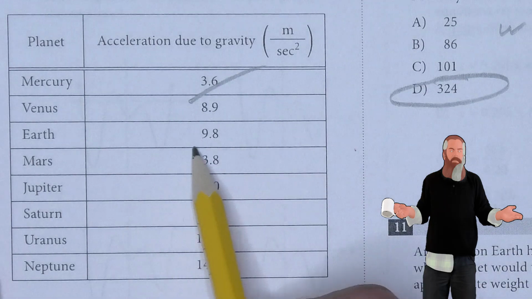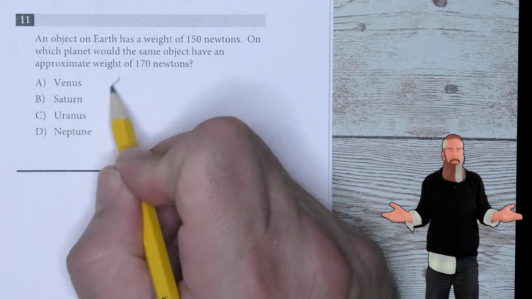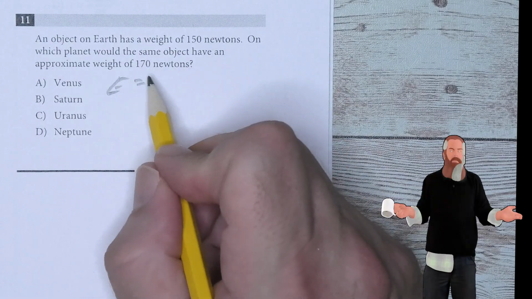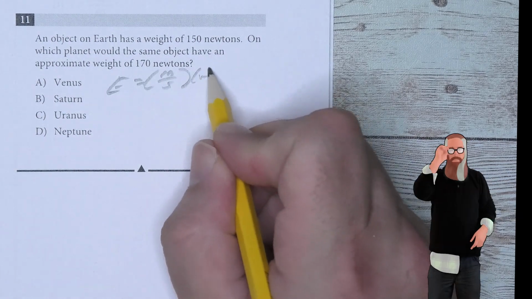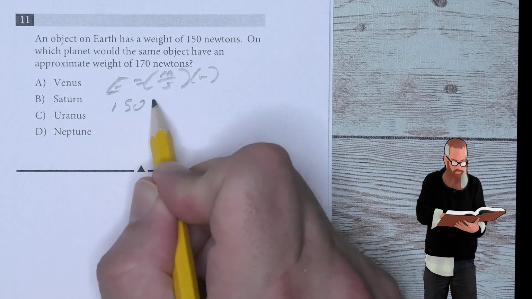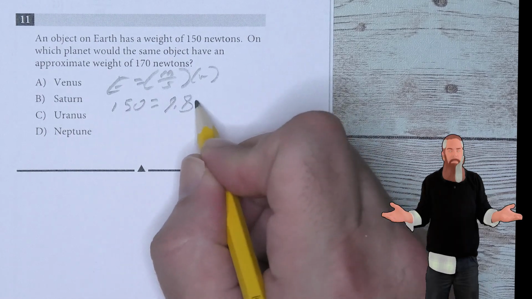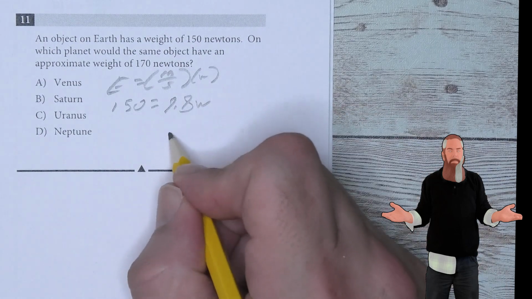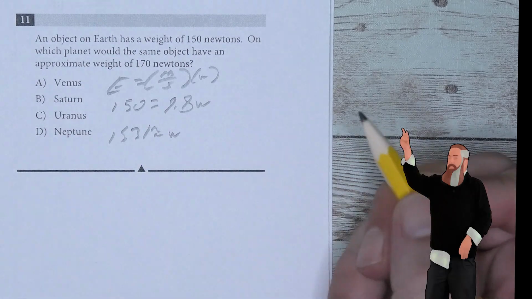So we understand that Earth is 9.8, and what we're looking for is that the weight would be equal to meters per second squared times the mass. So 150 would be equal to 9.8 times the mass, meaning that the mass would be approximately 15.31.